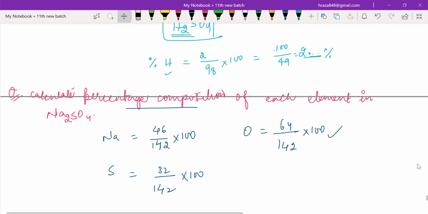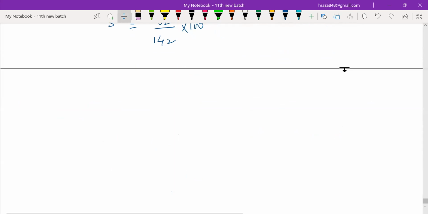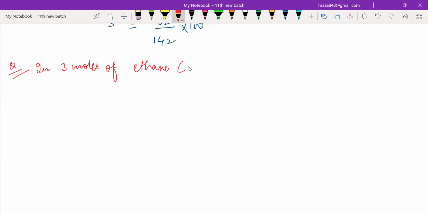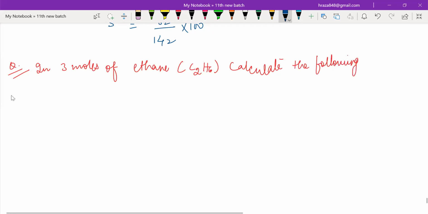Yes, sir. Now I'm going to give you another question from NCERT, which is very easy and important. In 3 moles of ethane, that is C2H6, calculate the following.